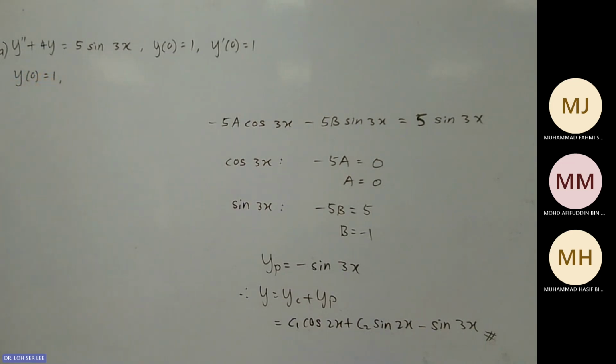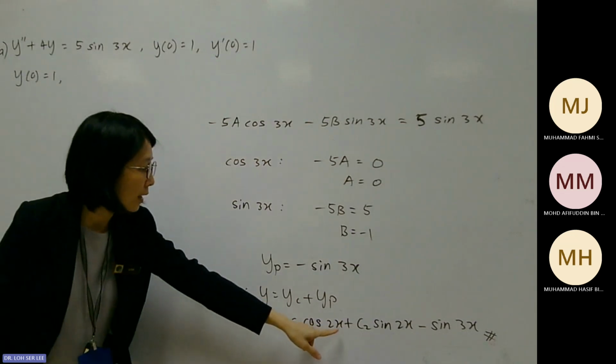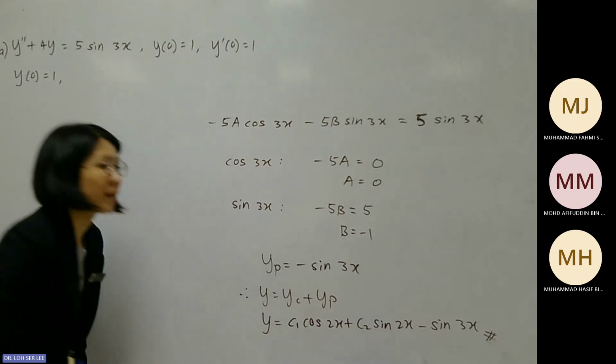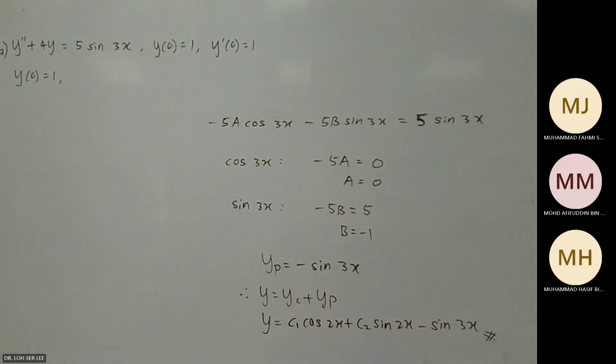y(0) equals 1, meaning that when x is 0, y is 1. Substitute here. Because we are using the same differential equation, we don't have to repeat all this. We just take the solution from number 2, and then we substitute the initial values.